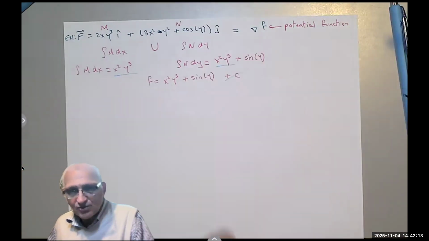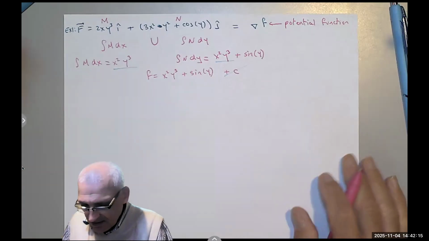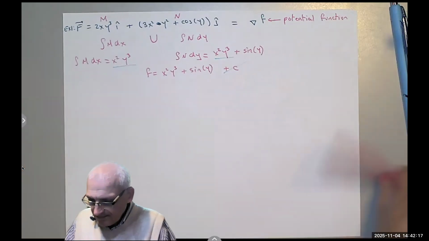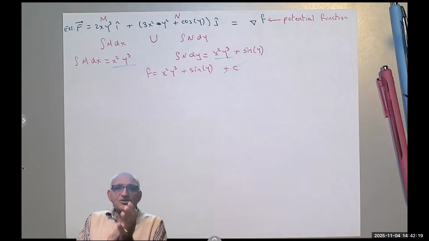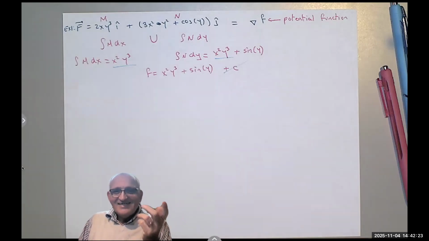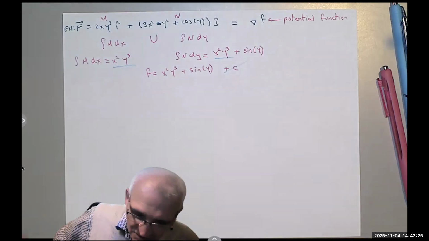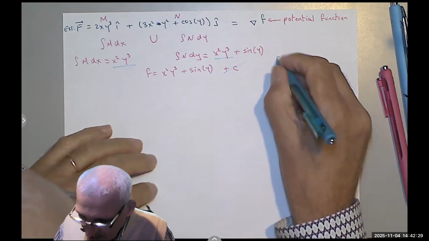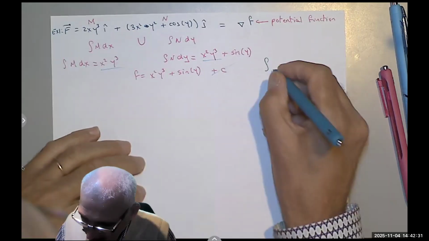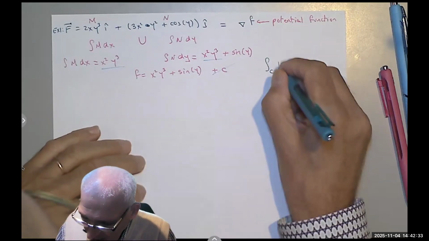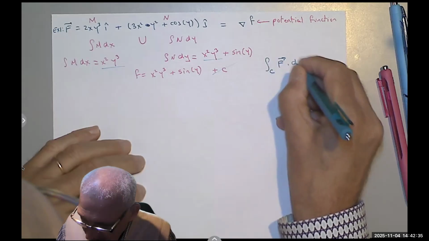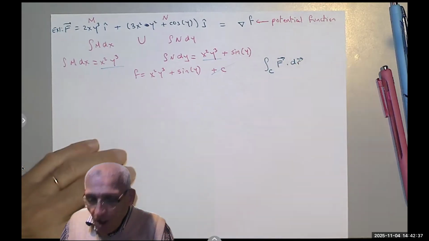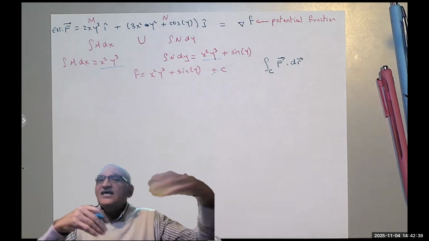I'm going to set the constant equal to 0. You will see why probably later. And you say, okay, you did a good job, bravo. But so what? No, I'll tell you, so what? Suppose the problem asks you to find the integral of F dot dr along a curve, and they give you the curve.